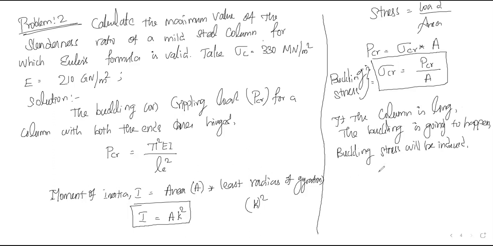At the time of failure, the buckling stress will be less than our normal compressive stress. So this is the condition: buckling stress should be less than or equal to the compressive stress of the column.